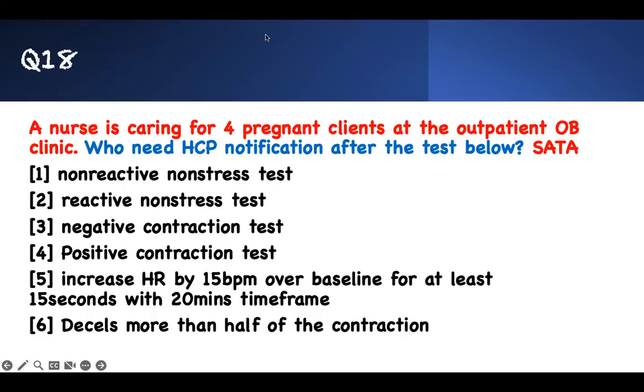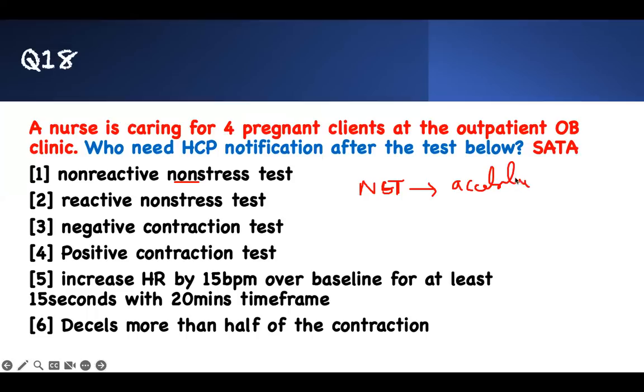Sometimes an easy way is to look at it. For the non-contraction test, or non-stress test, this is the deal. It's non-stress, so we are not stressing the mother. The mother and the baby are doing something without us stressing them. In a non-stress test, we are looking for the baby to accelerate.